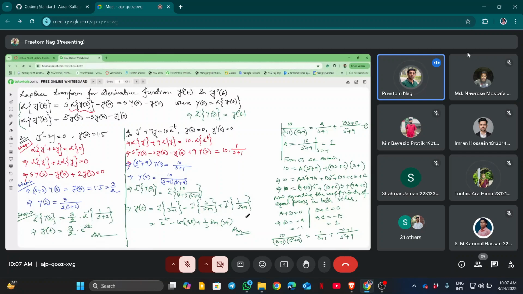Yes sir. So you see, this value is 0, so we employ these values here, and the contribution from the second term and the third term becomes 0 because of the zero initial condition.